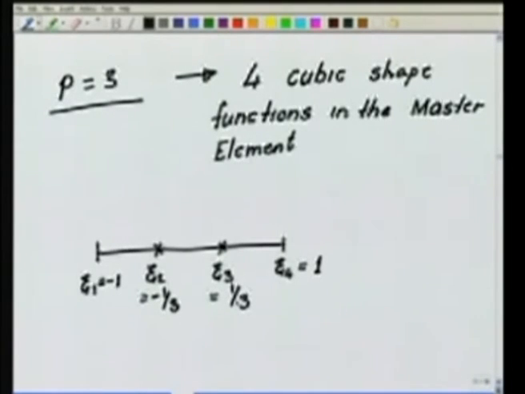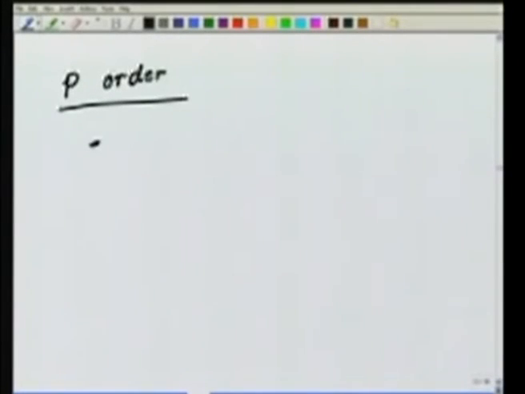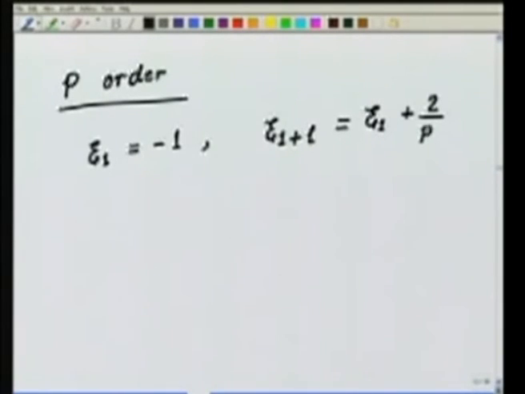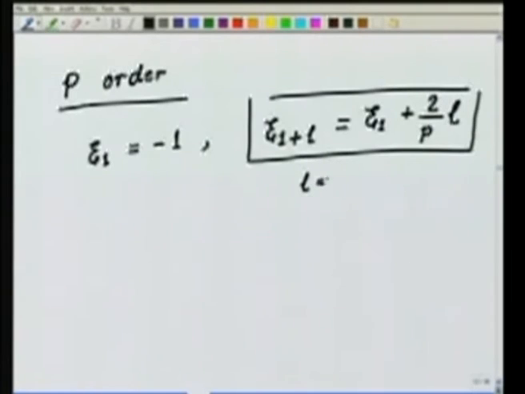So as we had given the algorithm earlier, we can apply the algorithm here, that for an element of order p, psi 1 is equal to minus 1 and psi 1 plus L is equal to psi 1 plus 2 by p into L, for L equal to 1 up to p.